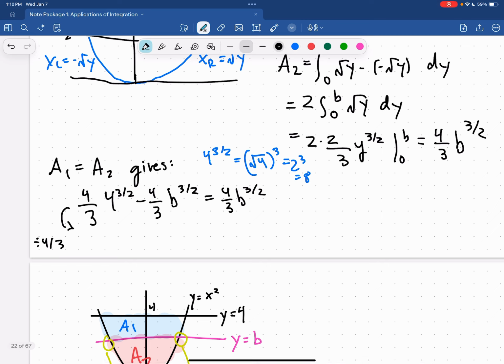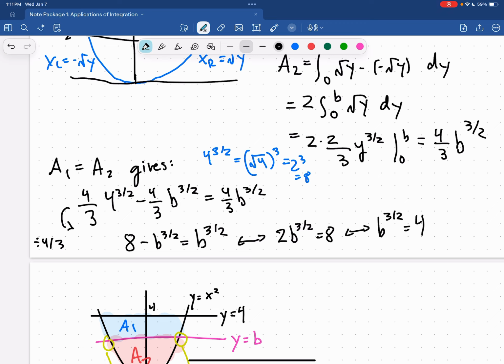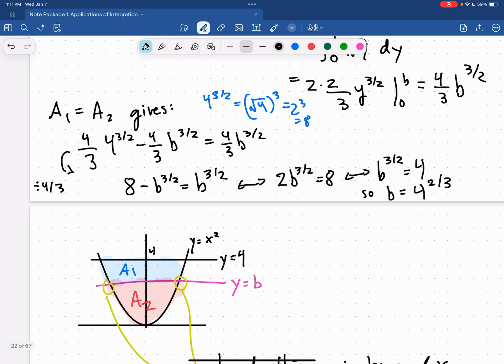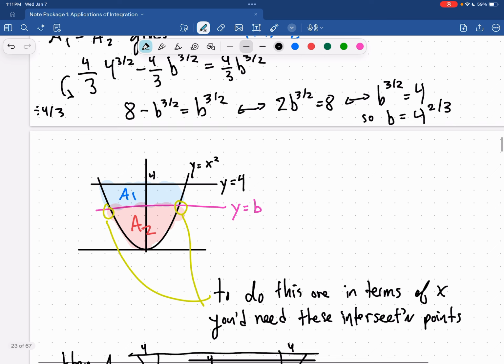So that means we have 8 minus b to the 3 over 2 is equal to b to the 3 over 2. Rearranging, that gives us 2 times b to the 3 over 2 is equal to 8. And so b to the 3 over 2 is equal to 4. And so b is just whatever 4 to the power of 2/3 is. Or you could say cube root of 16. I don't know, doesn't matter. So that's it, that's the value of b we want.